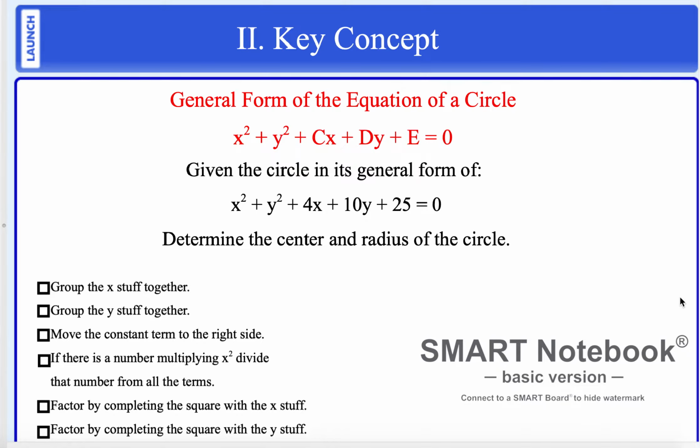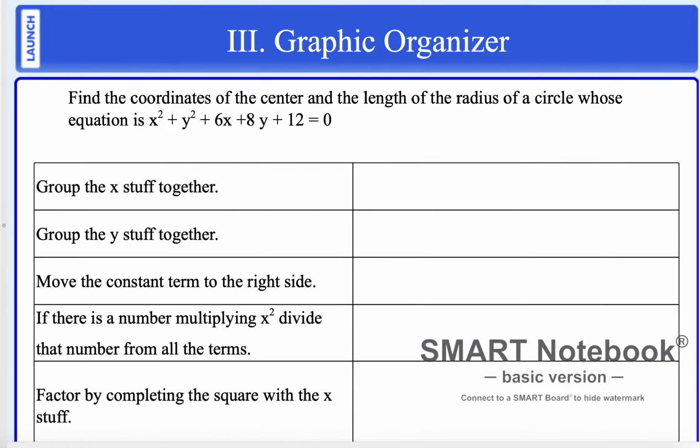So what does all this mean? Well, let's actually do this problem. Let's group all the x stuff together. Our x stuff is x squared plus 6x. Our y stuff, things that are y, is y squared plus 8y.